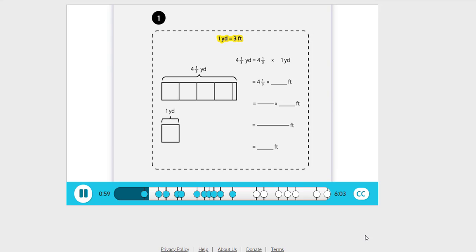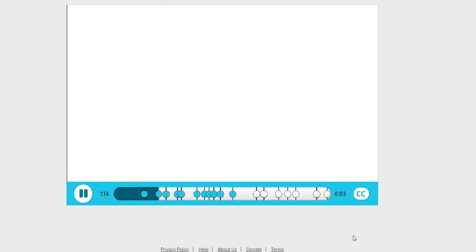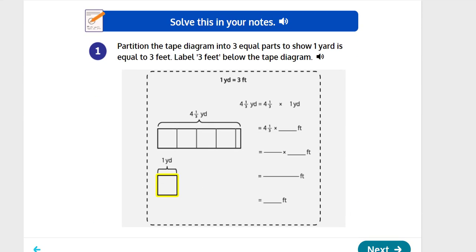We know there are 3 feet in 1 yard. This tape diagram represents 1 yard. Partition this tape diagram into 3 equal parts to show 1 yard is equivalent to 3 feet. Label 3 feet here. Easy enough, right?